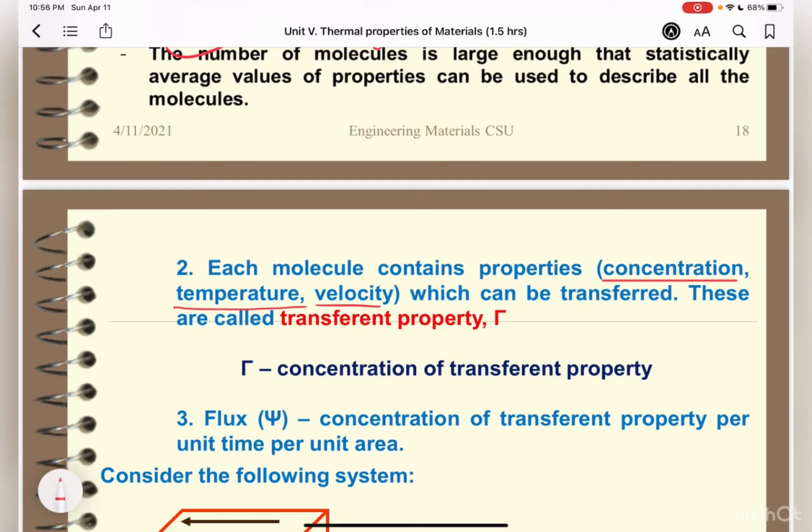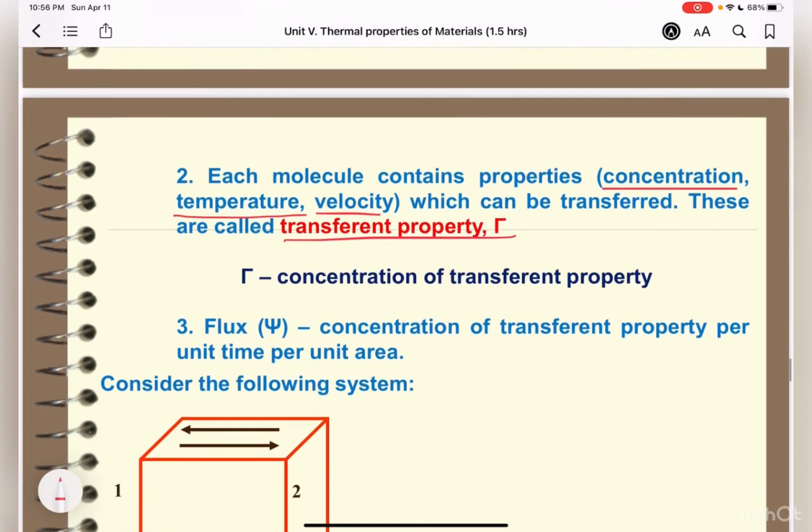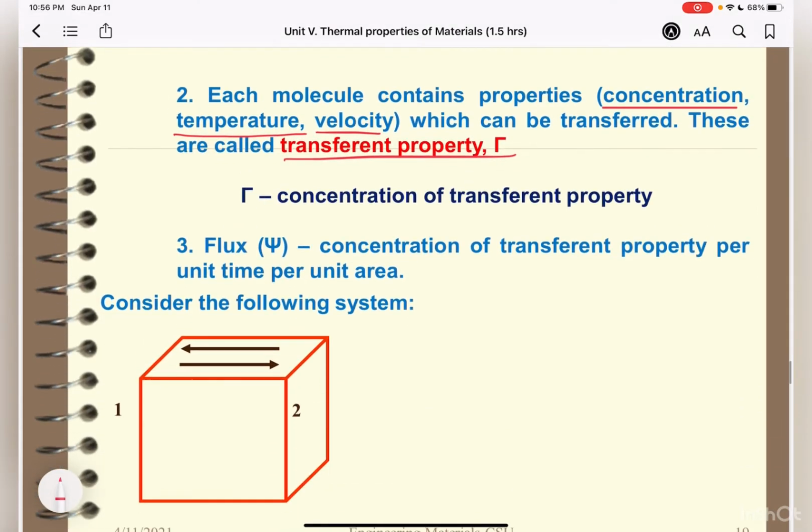These are called your transferent property, or gamma. So we term gamma as the concentration of your transferent property. And the last basis for this molecular transport equation is that there must be a flux, which is the concentration of the transferent property per unit time per unit area.